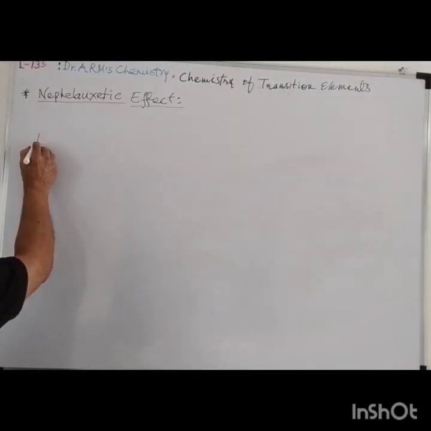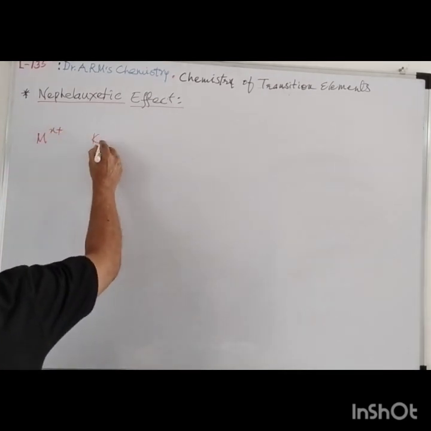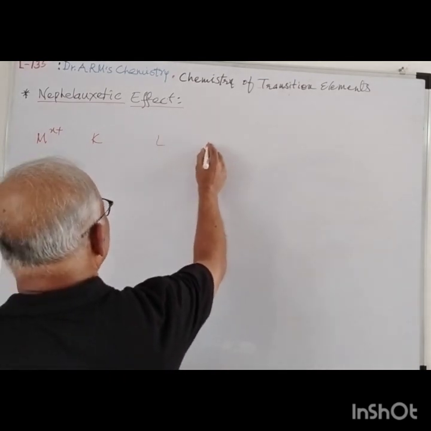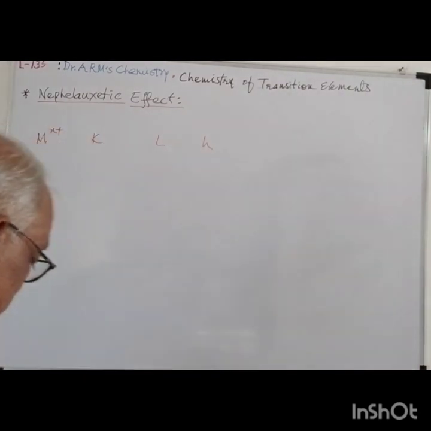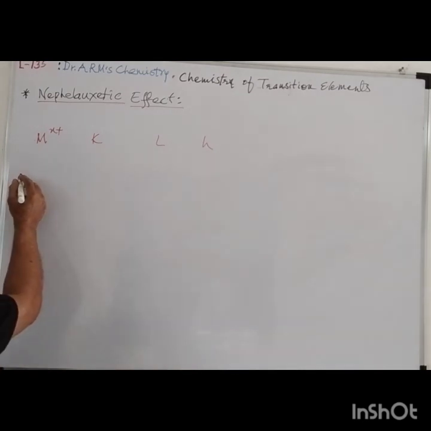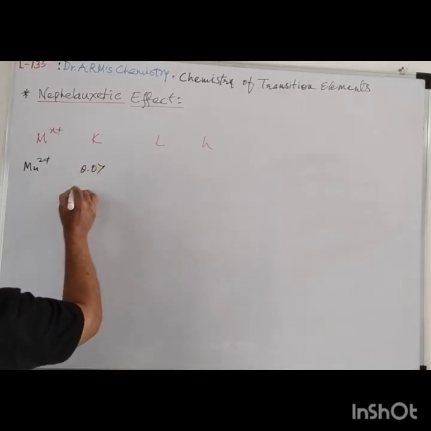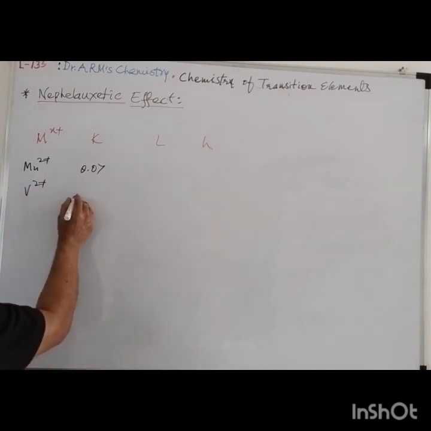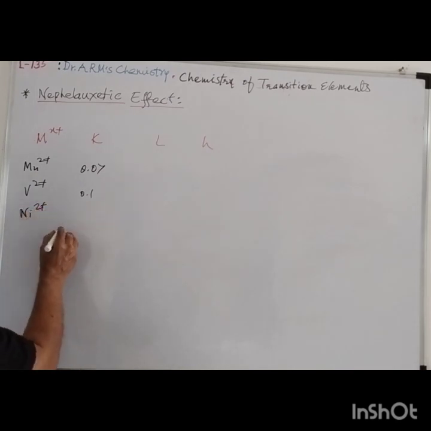We can show these metal ions Mn plus, then their K values, then ligands and their H values. Now you will see here that the first metal ion is Mn2 plus. It has 0.07 K value. Then vanadium V2 plus, it has 0.1. Ni2 plus, it has 0.12.